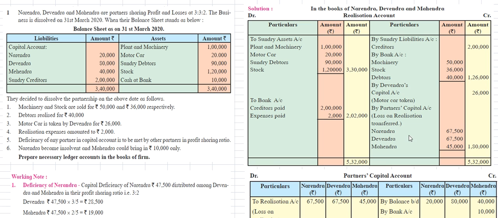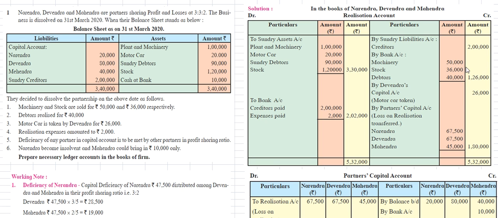Before calculating this, let us see what comes on the debit side. To bank account, sundry creditors amount is 2 lakh rupees, and the realization expenses paid are 2,000 rupees. So the total amount is 2 lakh 2,000 rupees, which is expenses paid and creditors paid.